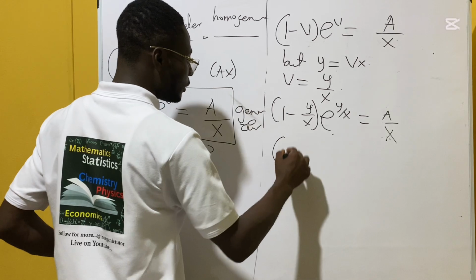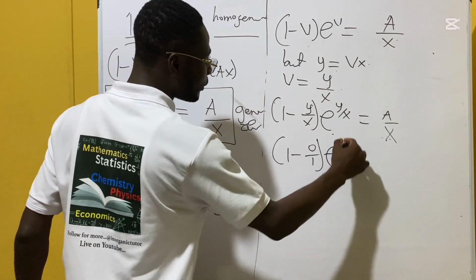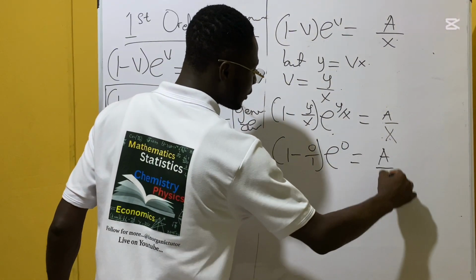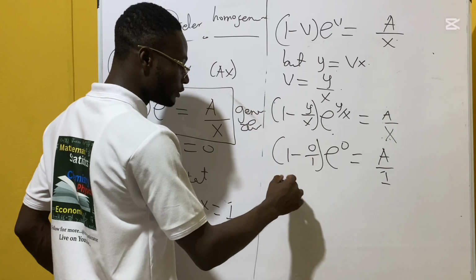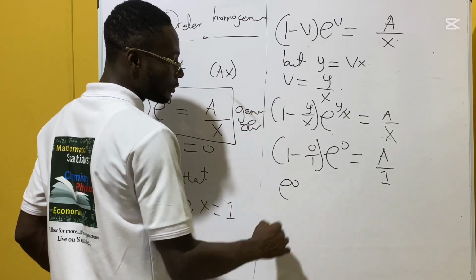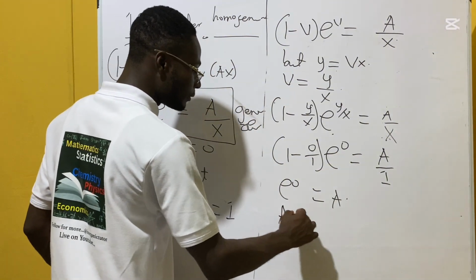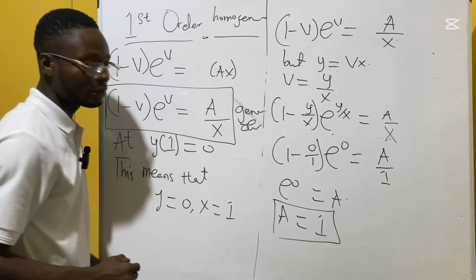So we have 1 minus 0 over 1, e power 0, which should be equal to a over 1. 1 minus 0 is of course 1. 1 times e power 0 is equal to a, and we know that e power 0 is 1. So we have our constant to be 1.